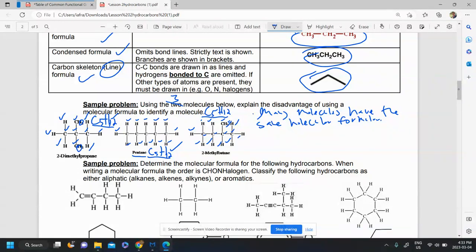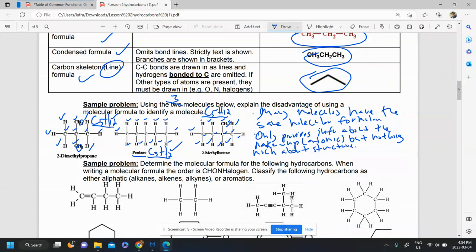The molecular formula only provides information about the makeup or composition in terms of atoms, the atomic makeup, but nothing much about structure.